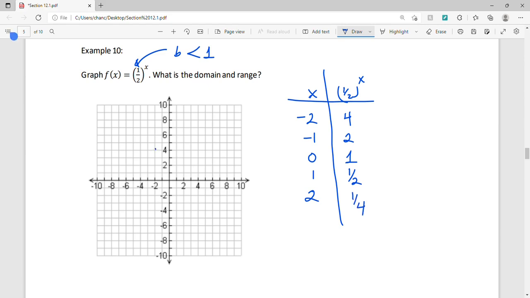Negative 2 comma 4. Negative 1 comma 2. 0 comma 1. 1 comma a half, and then we have 2 comma 1/4. So this is still a decreasing function. And we do have another horizontal asymptote.